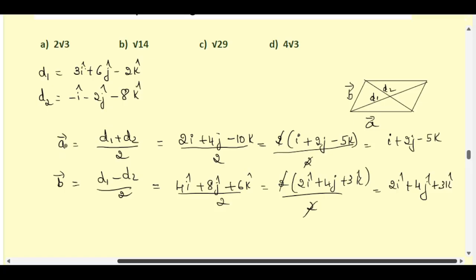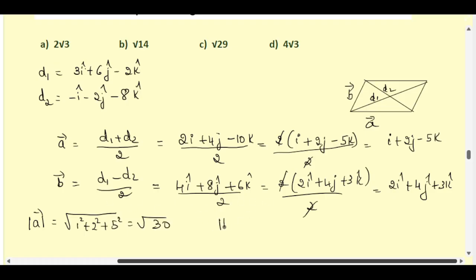Now let us find the magnitudes of A and B. So magnitude of A vector equal to root of 1 square plus 2 square plus 5 square, which is equal to root of 30.